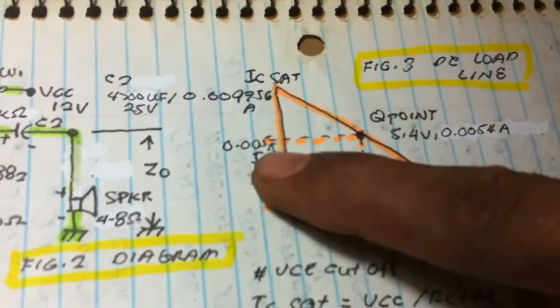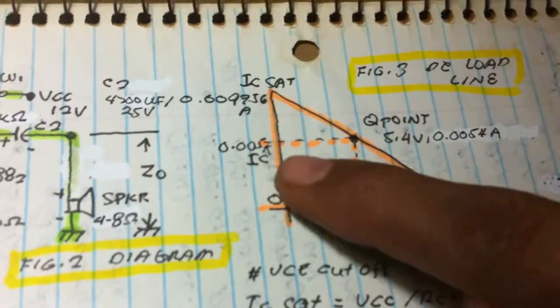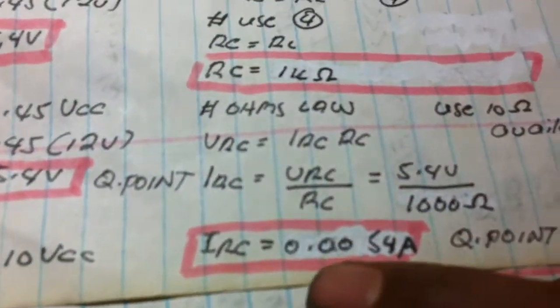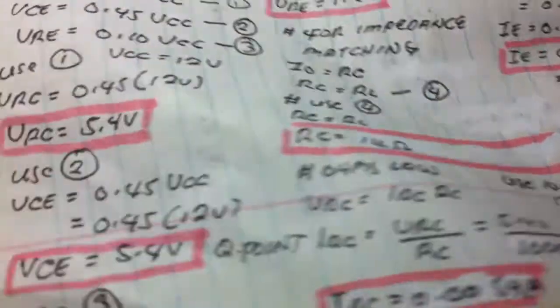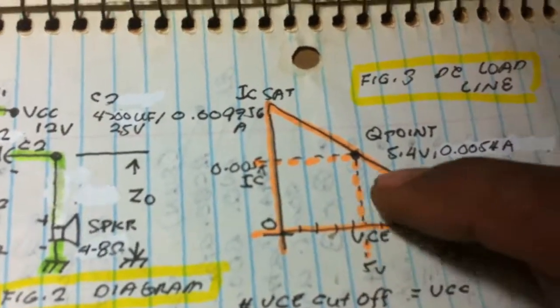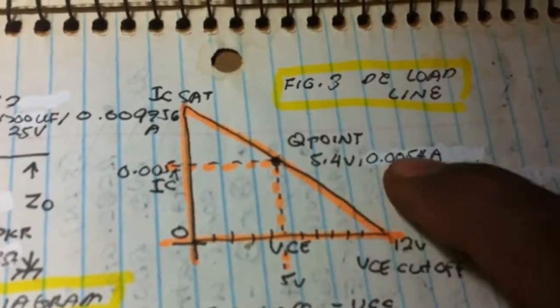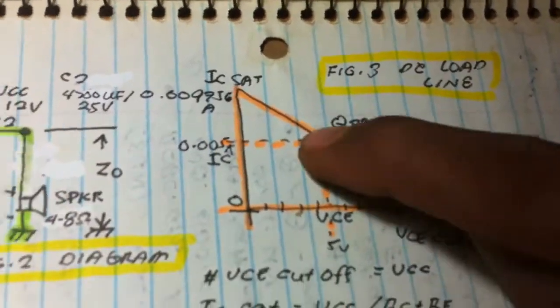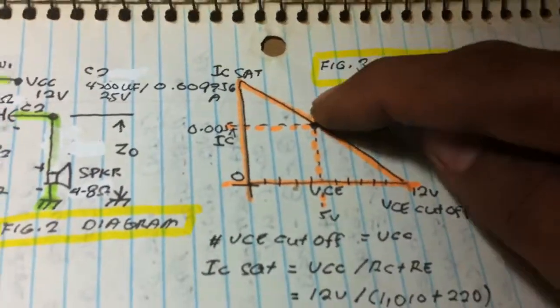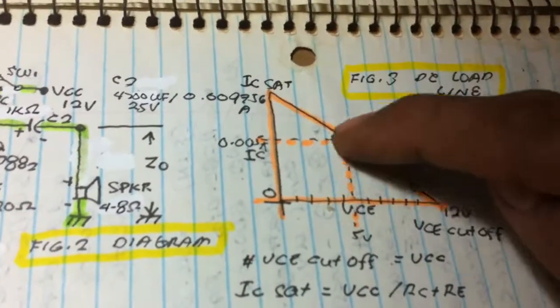And our operating point for the current IC, we computed using here, 0.0054 ampere. So we get now the operating point of the IC and the VCE, 5.4 volts, 0.0054 ampere. That is almost in the middle of the DC load line. So there's a swing of the AC signal here.